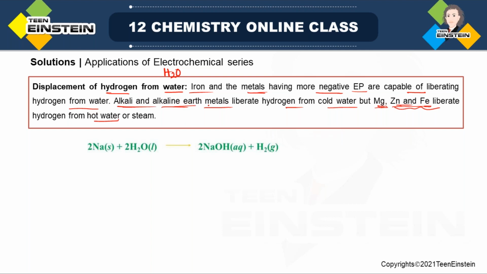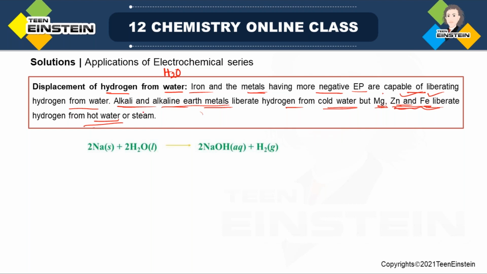So for alkali and alkaline earth metals, cold water is okay. They can react even with cold water. But if you have taken Zn or Fe, you have to provide hot water or steam if you want any reaction, because compared to sodium or other alkali metals, potassium, lithium, their reducing capacity is less.